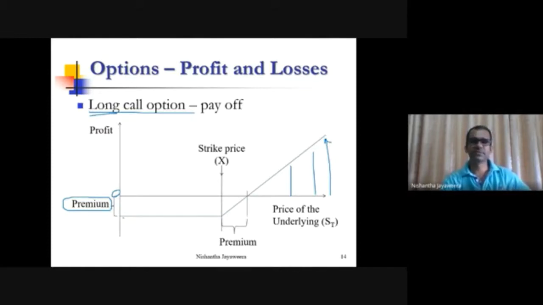So this graph you can understand. Then what is the break-even point? It is the strike price plus the premium. Correct? So it is given here.